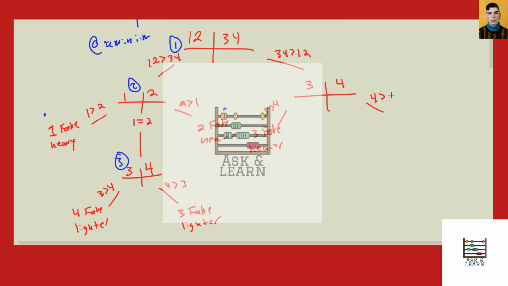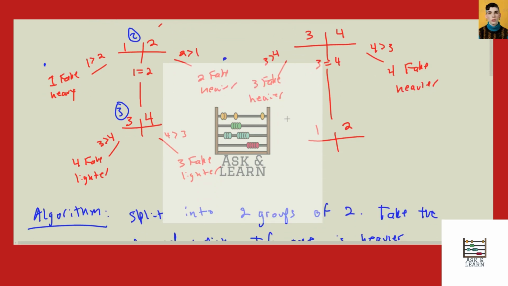If 4 is larger than 3, 4 is our fake, and we know the fake is heavier. And then if 3 is equal to 4, then that means we will have to now check 1 and 2. And then remember, our result is going to be one of these is lighter.